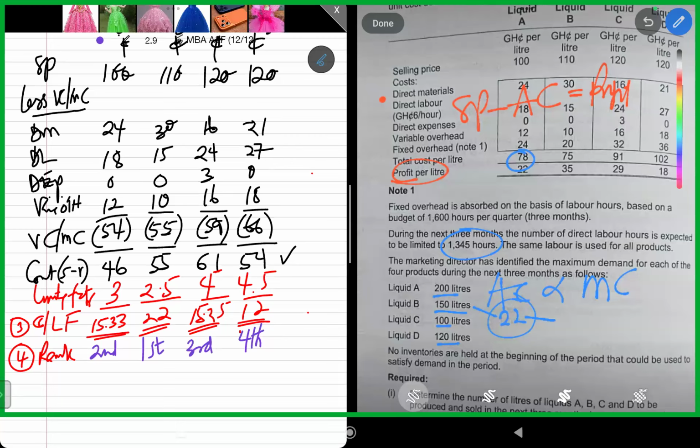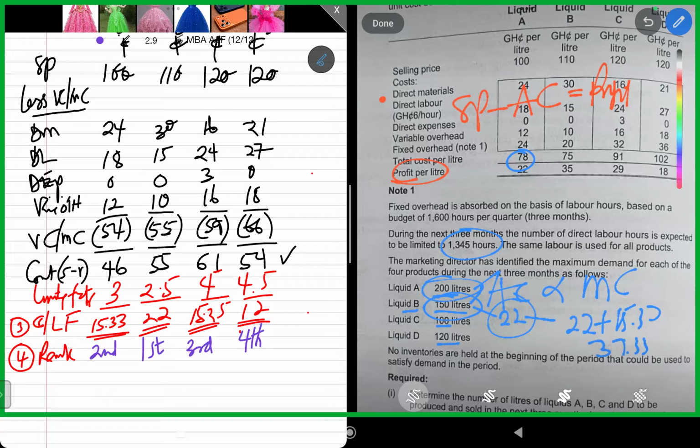So 22 contribution plus 15.33 contribution, I'm earning around 37.33 for only these two. That is the contribution for one unit each. So if I want to find the total, I'll multiply this by 350. That'll give me the total contribution coming into the business.